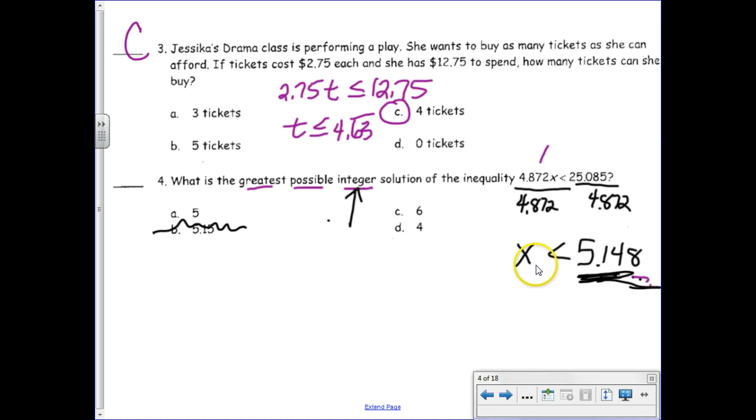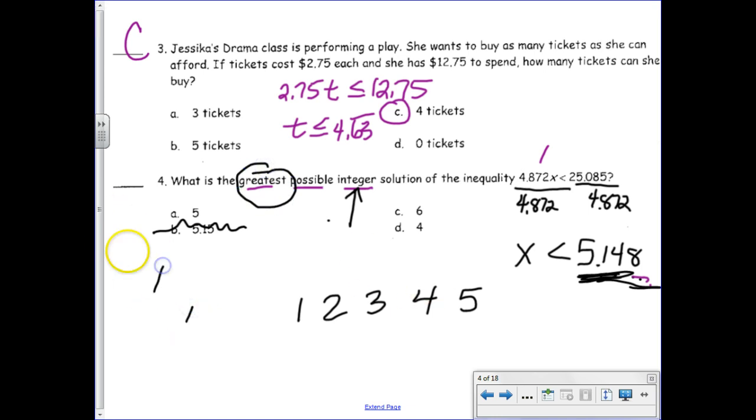That doesn't work here. I need the integers that are smaller than 5 point something. So yes, 5 works, 4 works, 3 works, 2 works, and so on. But I'm asking you, what is the greatest one? And that has to be 5. So for number 4, you should say A. That's the one that works. Put an A right there in the answer blank.